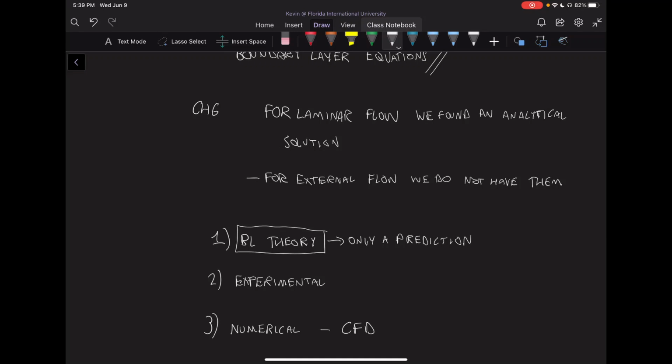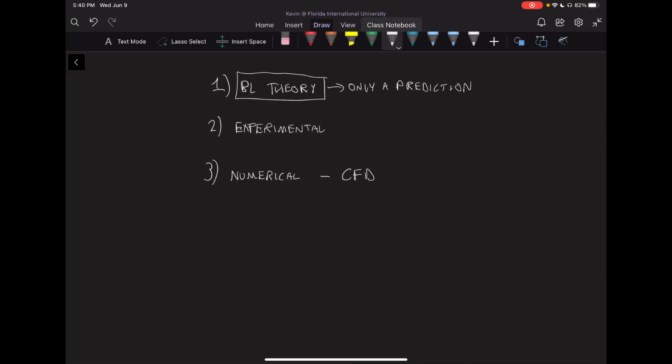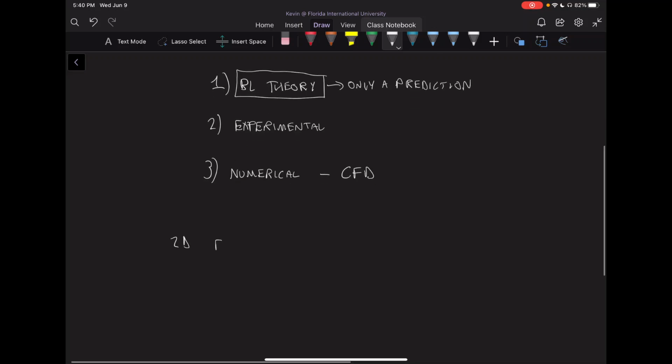So if we take a 2-dimensional plane, a 2-dimensional flow, and in this 2-dimensional flow, we're going to neglect gravity. And we're going to assume that the flow is similar in the 3rd dimension, okay? So in the depth dimension, it's going to be the same throughout.